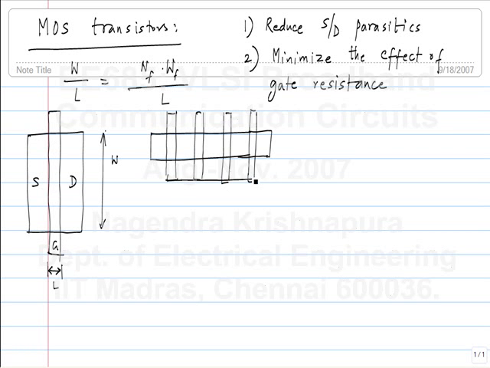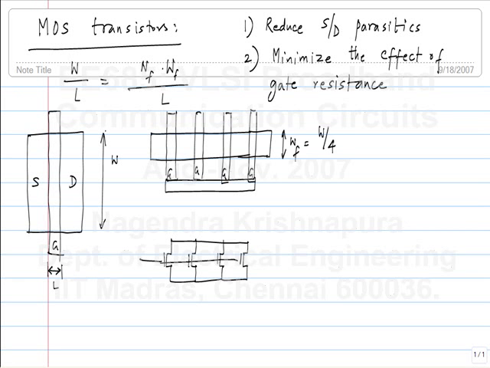Here the gate is all of these fingers of polysilicon. This is exactly like connecting 4 transistors of width W by 4 in parallel. So if you connect 4 of them in parallel, the total width is 4 times the individual width. So this is WF equal to W by 4 and NF in this case is 4.